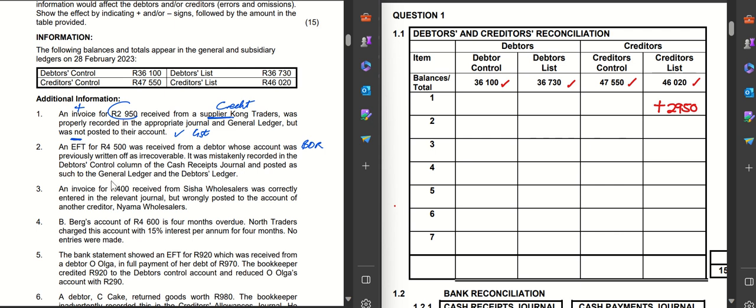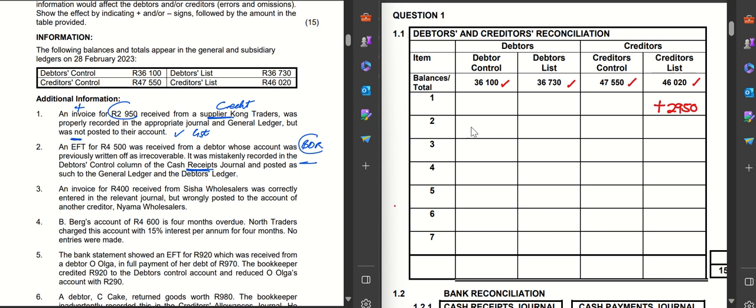And posted as such to the general ledger and the debtors ledger. Once an amount is recorded in the CIJ under the debtors control column, it decreases the debtors amounts. So our debtors control was decreased, but this amount is bad debts recovered. It should not affect our debtors at all. So we should add back that amount.